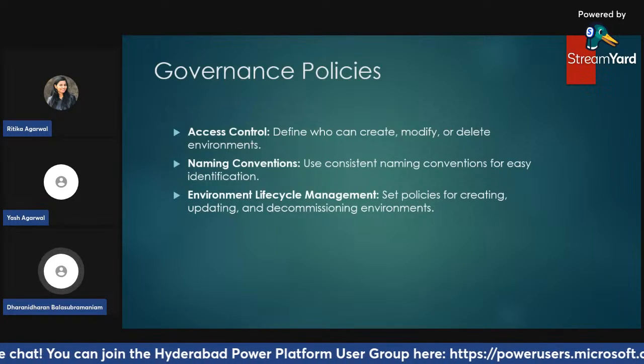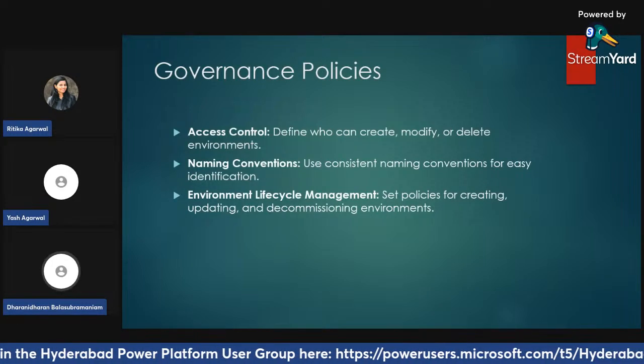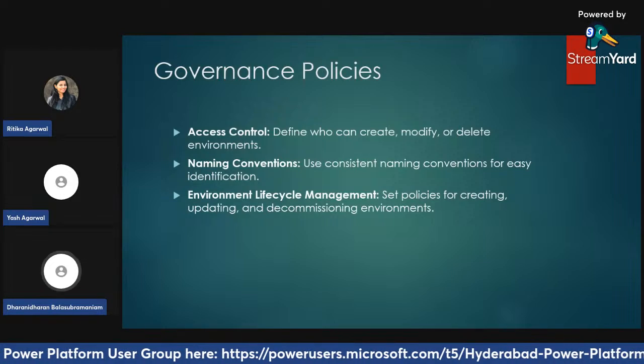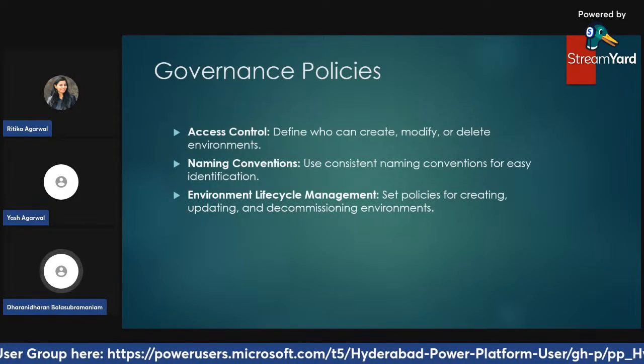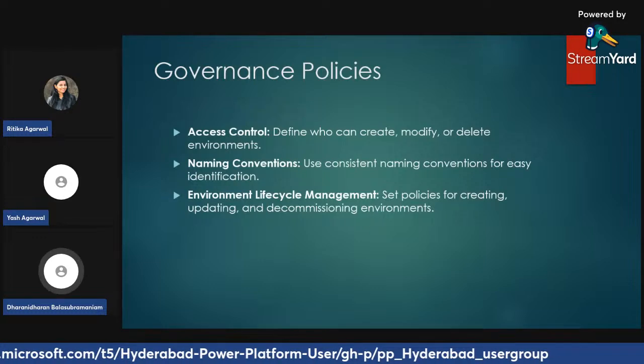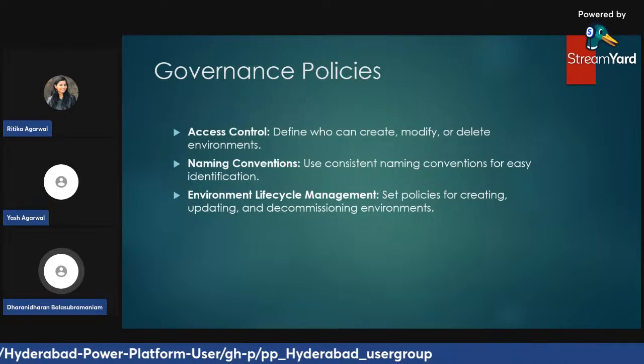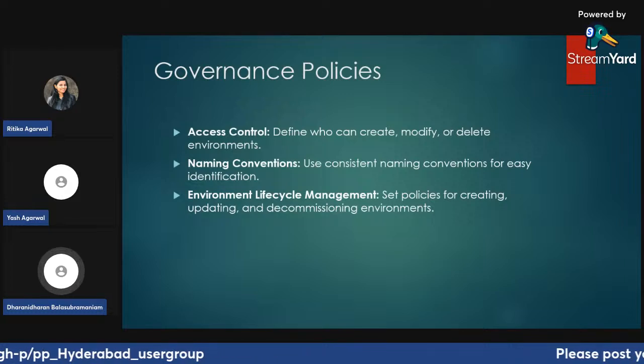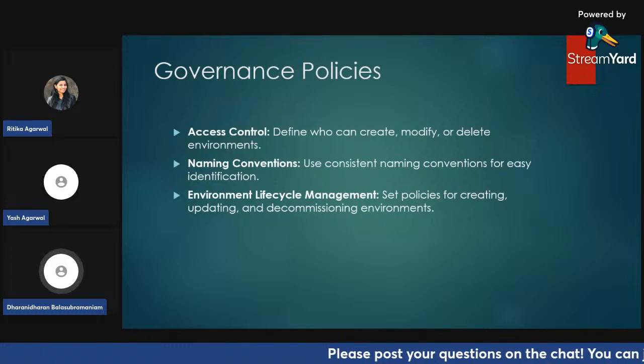And clearly we need to establish the roles and responsibilities, so everyone knows who is responsible for each environment and for each component. By implementing these strategies and governance policies, we can ensure that all our environments are very secure, more reliable, and very optimized for smooth solution deployment, as well as for maintenance.